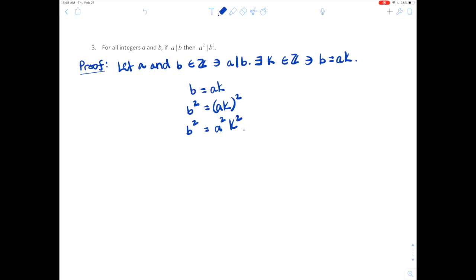Well, for b squared to be a multiple of a squared, we'd have to write b squared as a squared times some integer, right? So k squared belongs to the set of integers by what? Perfect, closure properties.